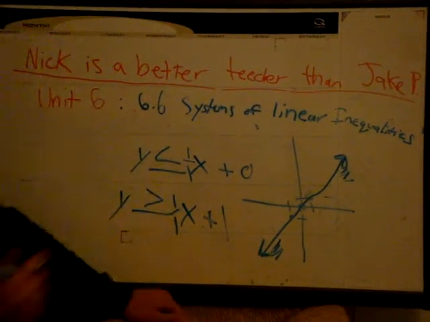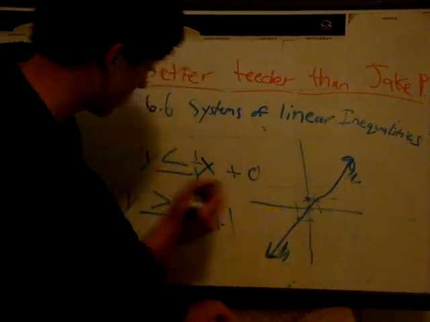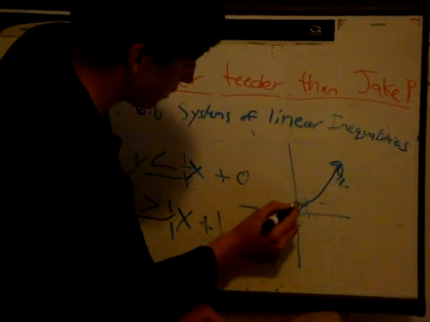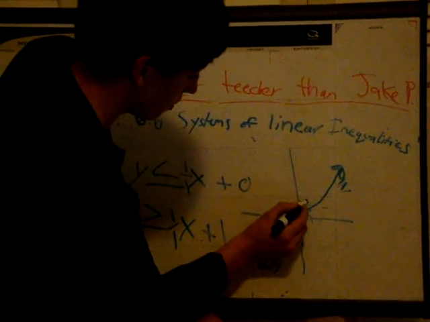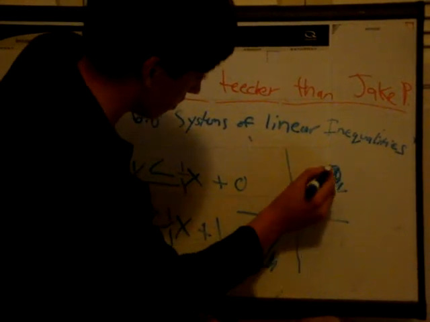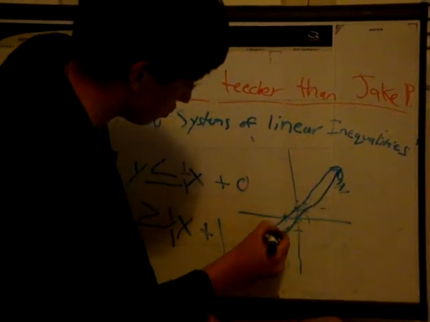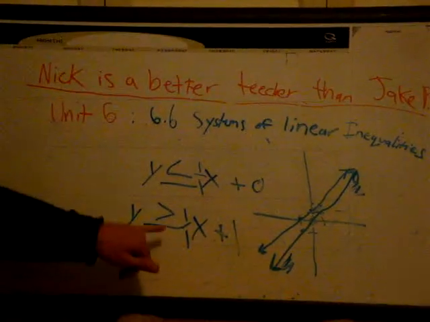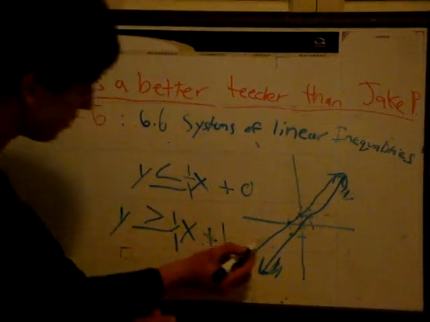Okay, here, plus 1, it's our y-intercept, up 1 over 1. So up 1 over 1, down 1 over 1. Aha! But look at this. And then we would shade upward, right?